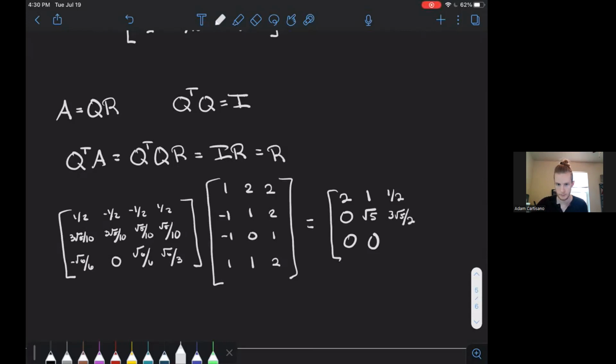Could have been worse, I guess. And then our last one will be negative root 6 over 3, 0, root 6 over 6, and then 2 root 6 over 3. So it's positive root 6 over 3 plus another 1 root 6 over 3, which is root 6 over 2.